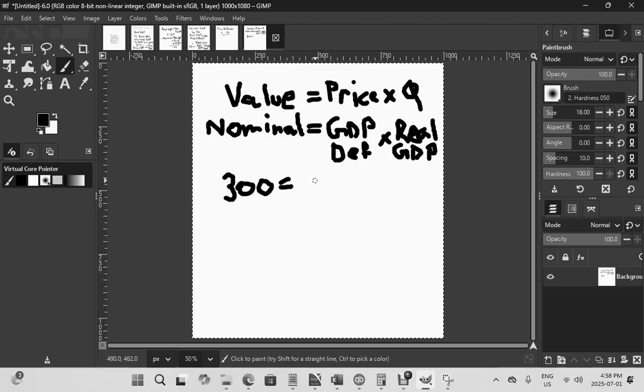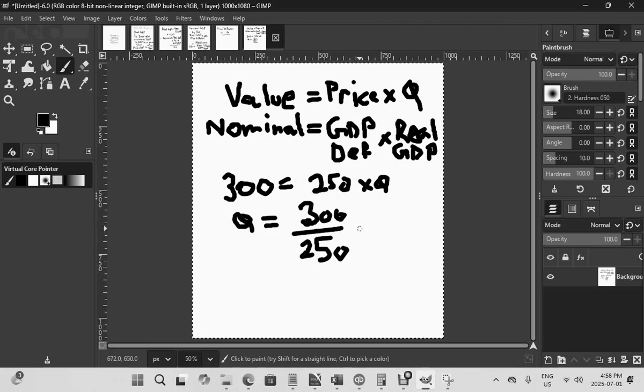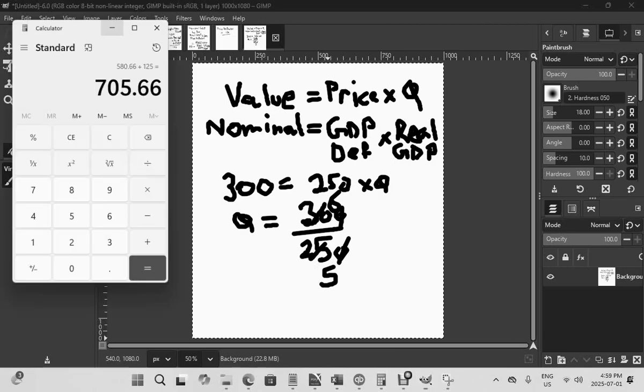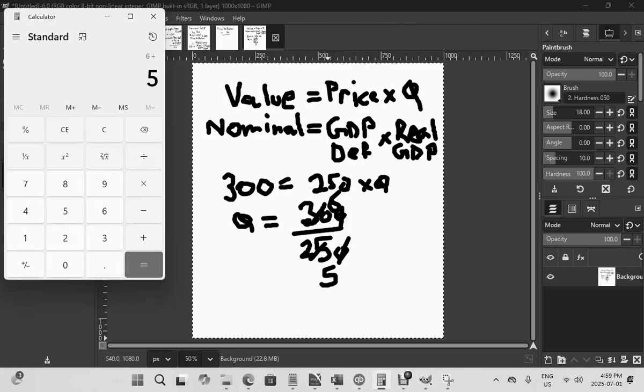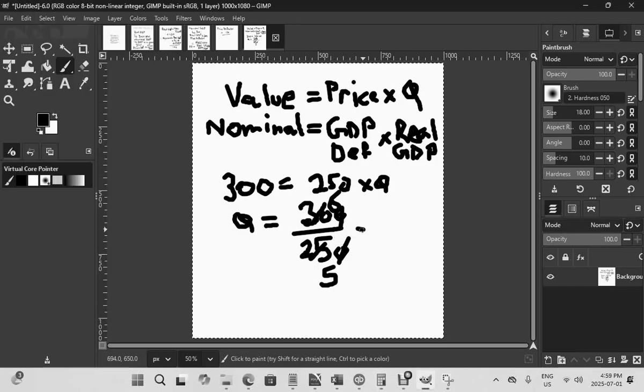So let's say the price is 250. All right, so we know that the number of units or quantity will be 300 over 250. All right, so that comes around 6 over 5, 1.2, so roughly 1 unit.